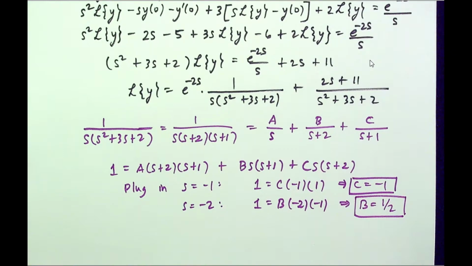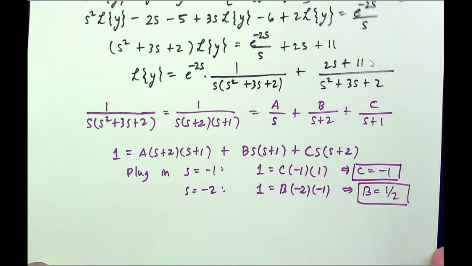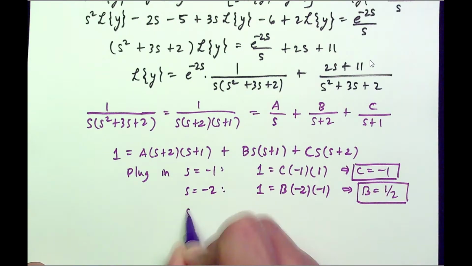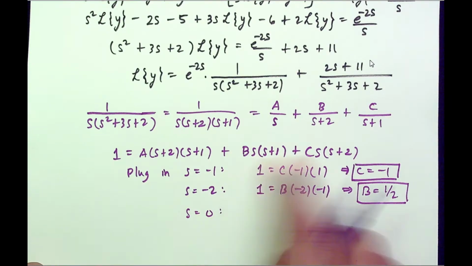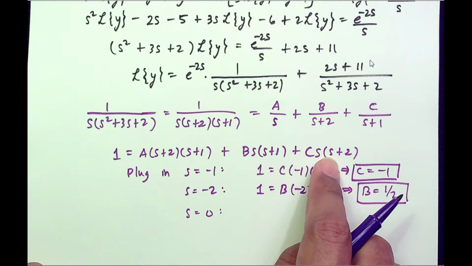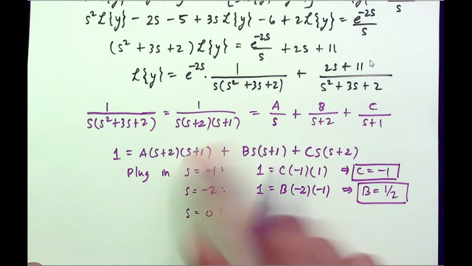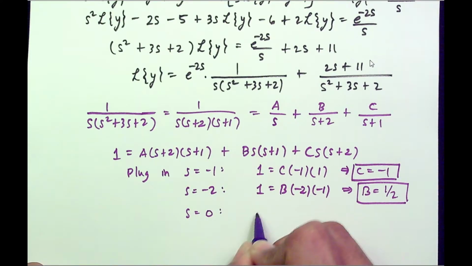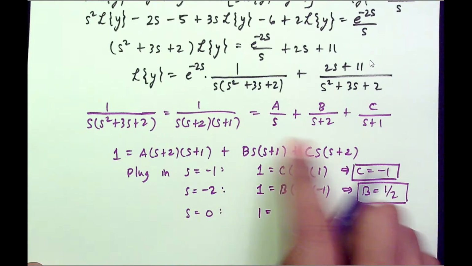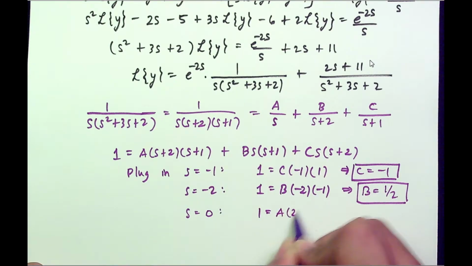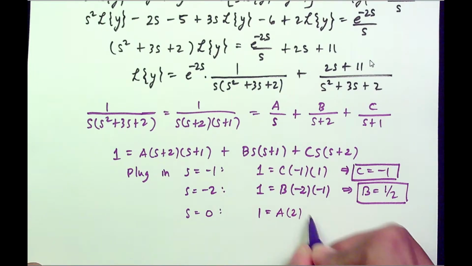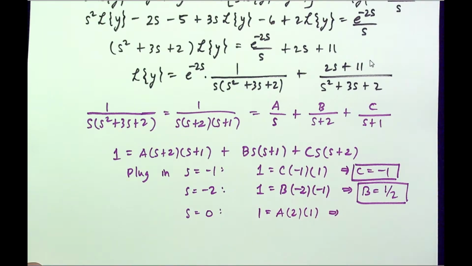Okay, and then lastly, we plug in s equals 0, because that's going to kill the middle term and the third term, and just going to leave you the first one. So this is going to be then 1 equals a times 2 times 1. So that means 1 equals 2a, and then divided by 2, you get a.